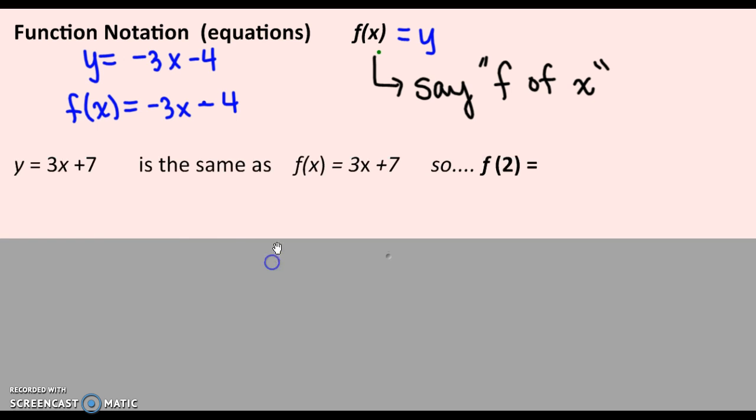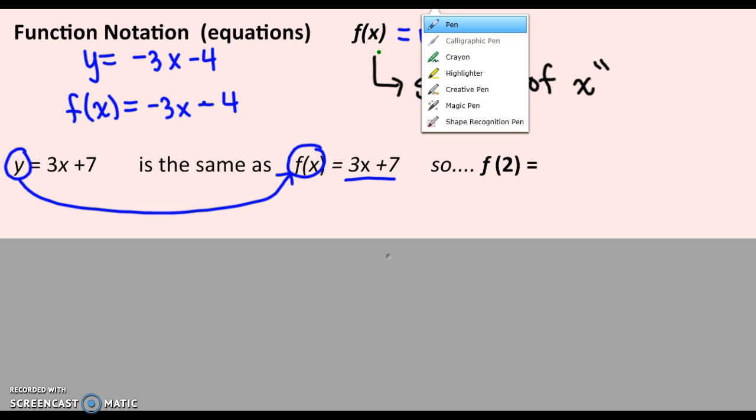And that's what you've got down below. y equals 3x plus 7 is the same as f of x equals 3x plus 7. So f of x just gets replaced instead of y. And this is still our equation.